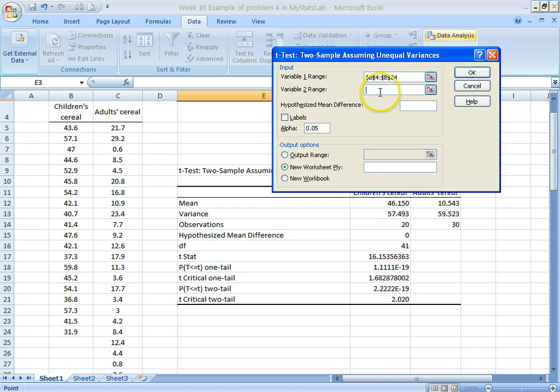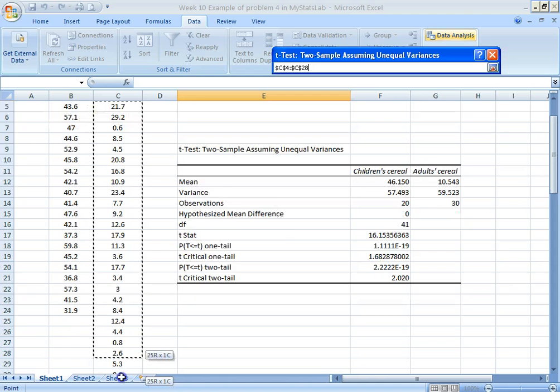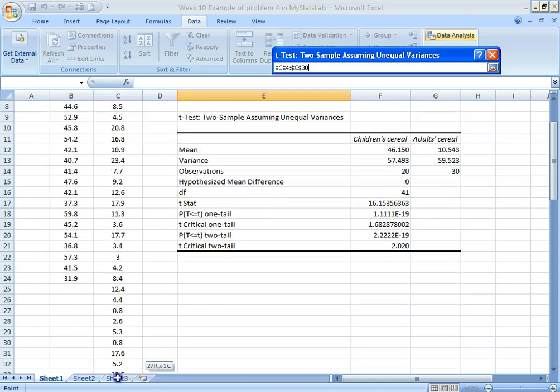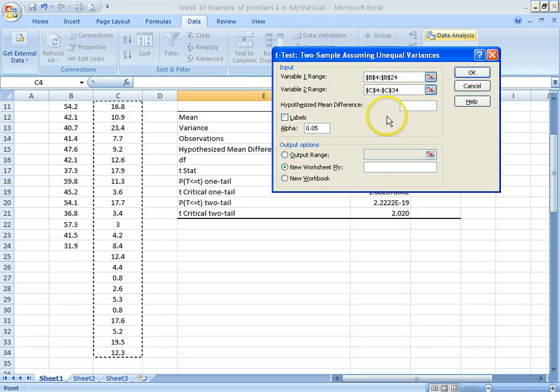Click on the next, and we can put our variable for range 2 here. It also asks us the hypothesized mean difference, and we're saying that there is no difference, so we'll put 0 here. Check our labels since I highlighted those, and I can click OK.